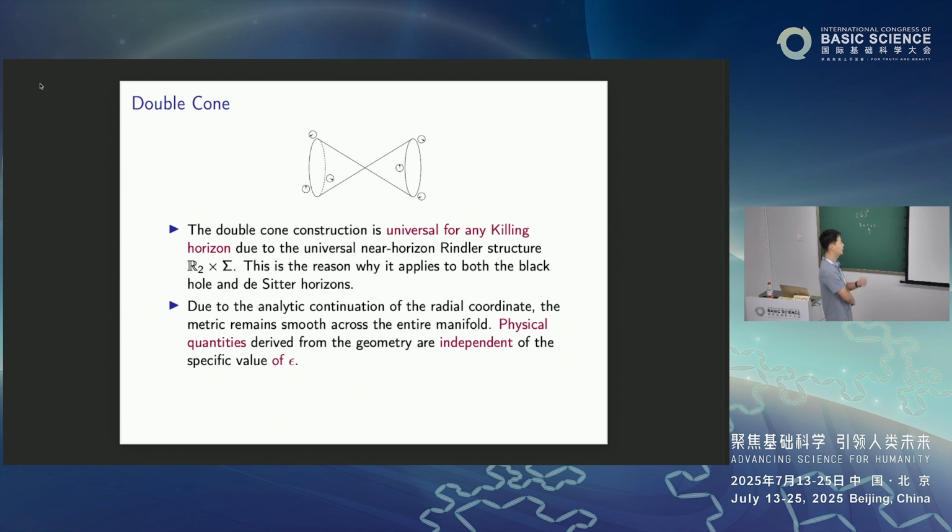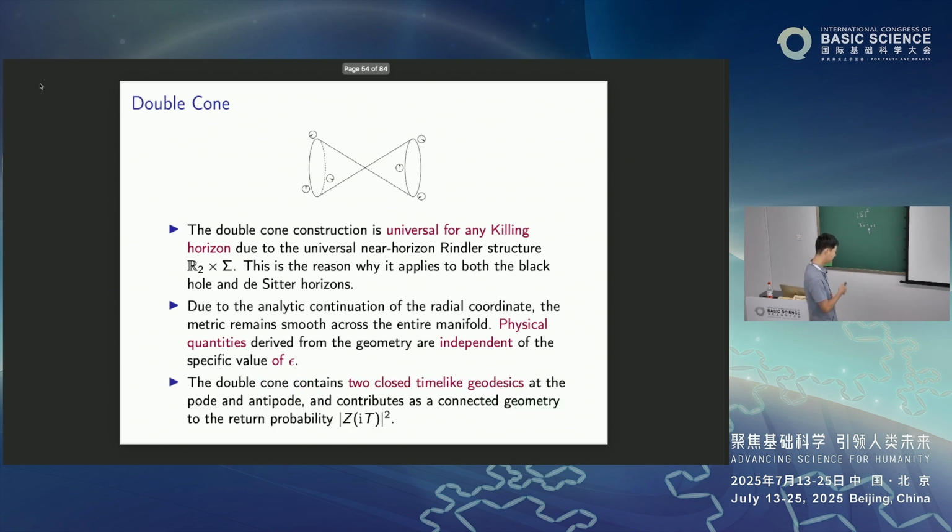Second property is that the physical quantity derived from this geometry is independent of the specific value of epsilon because of the analyticity property. And the last point I already mentioned is that such a double cone contains two closed time-like geodesics where you can put the clock in, and that serves as a connected geometry contribution to the return probability of the system.